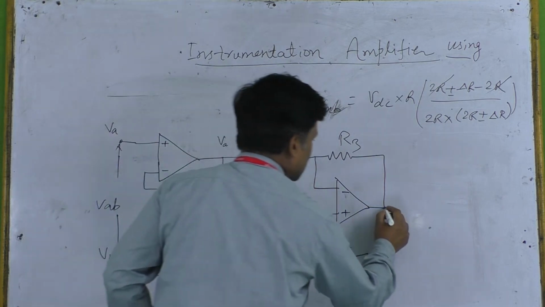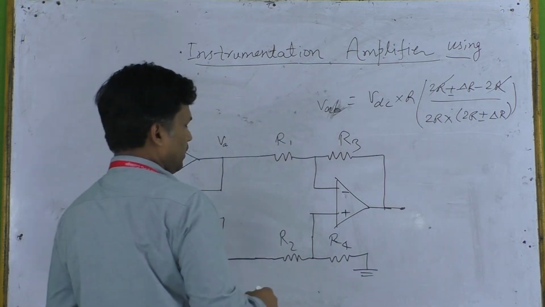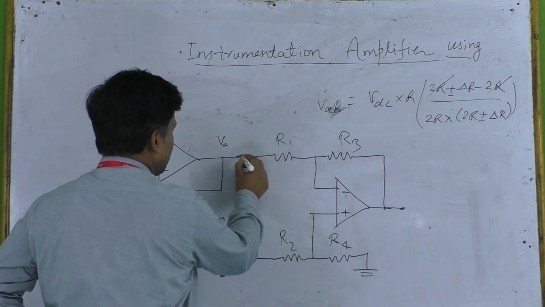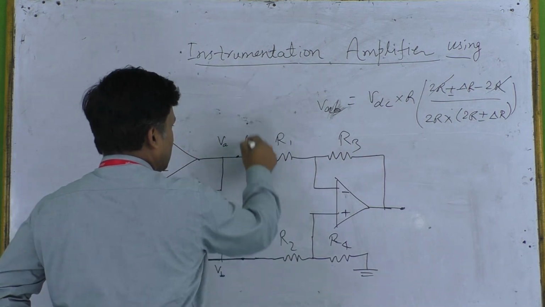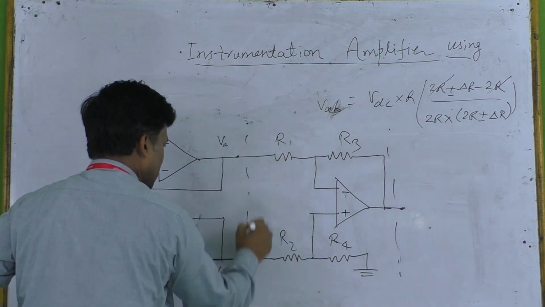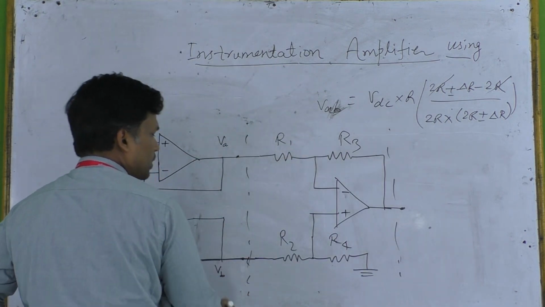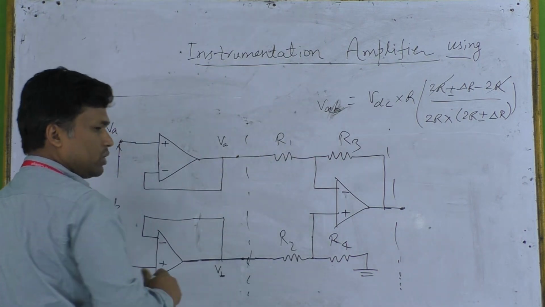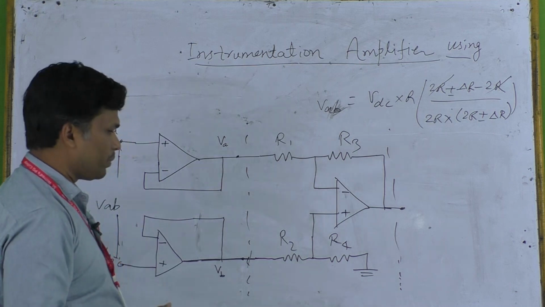So in this particular circuit diagram, here you have the VA and VB. Why these sections have been used over there, what is their importance, and what will be the output or gain of these two stages of the instrumentation amplifier, we can compute simply.